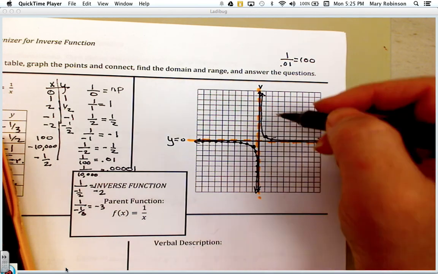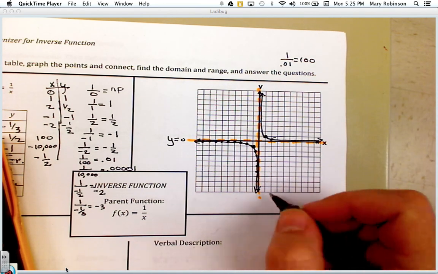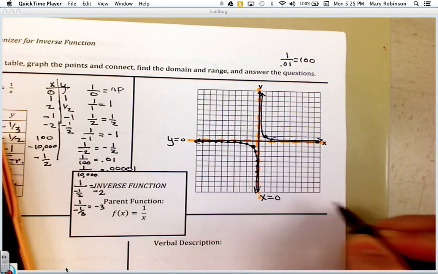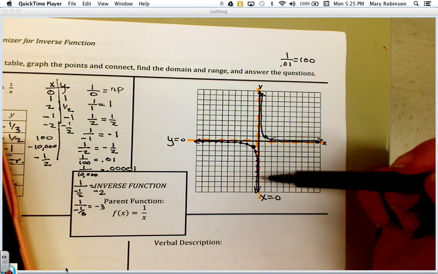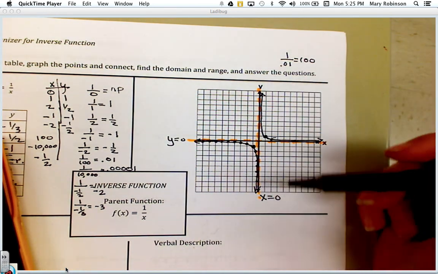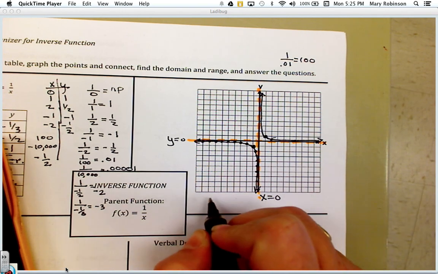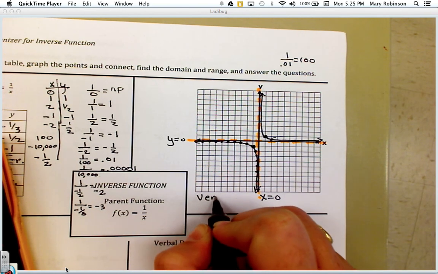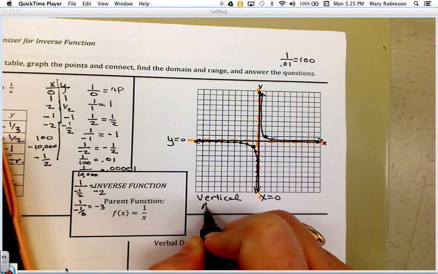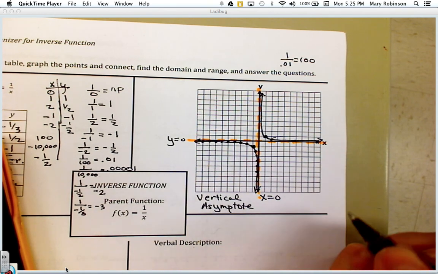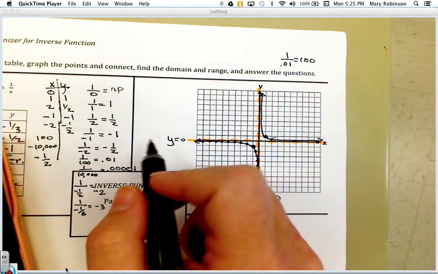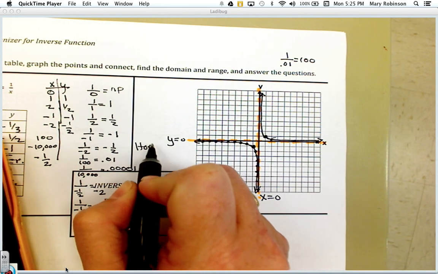The equation for this vertical asymptote here on top of our y-axis is x equals 0. So remember, equations of horizontal lines are y equals, equations of vertical lines are x equals. So this would be what we call a vertical asymptote, here at x equals 0, and here we have a horizontal asymptote.